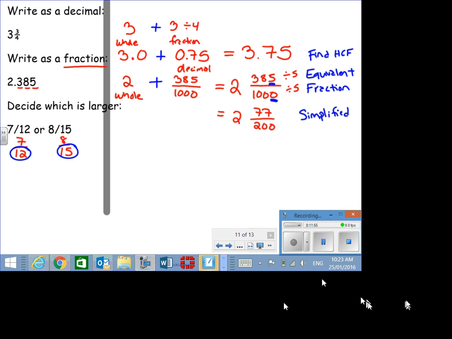So let's go ahead and divide 7 divided by 12 and get a decimal, and also divide 8 by 15 in order to get a decimal. Go ahead and do that, and then see which one you think is actually bigger.